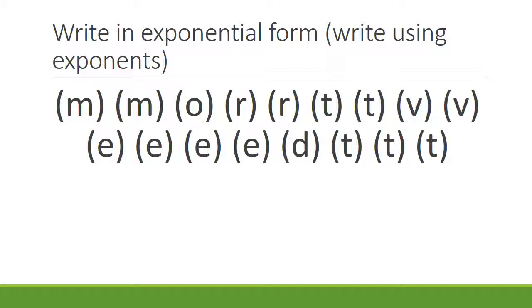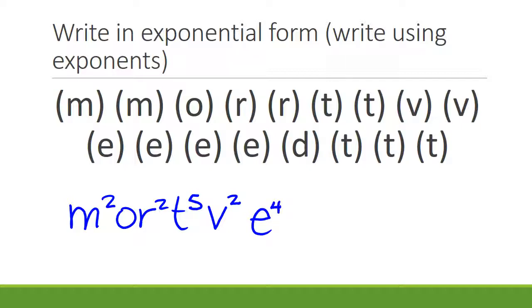Anyone notice what I did here? Give you another few seconds. All right, we've got m squared, o, r squared, t to the fifth, v squared, e to the fourth, and d.